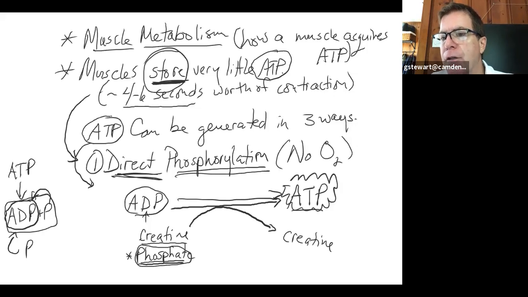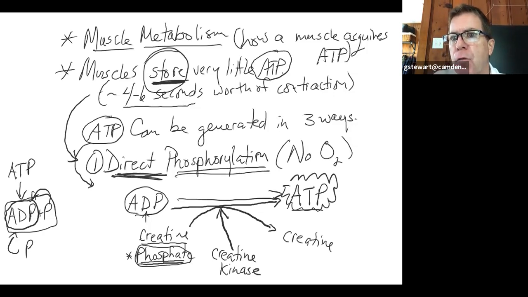The body can't do that very quickly. There's an enzyme involved that speeds up this reaction that's really important, and it's called creatine kinase. So creatine kinase enables the process of direct phosphorylation to occur in a muscle cell.